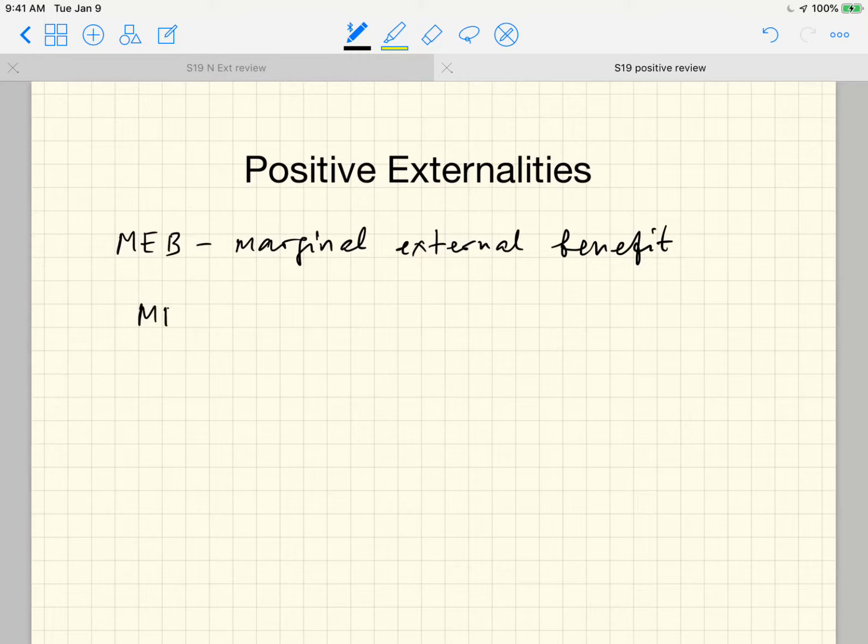So marginal private benefit plus marginal external benefit add up to give us something called MSB, or marginal social benefit, of course.